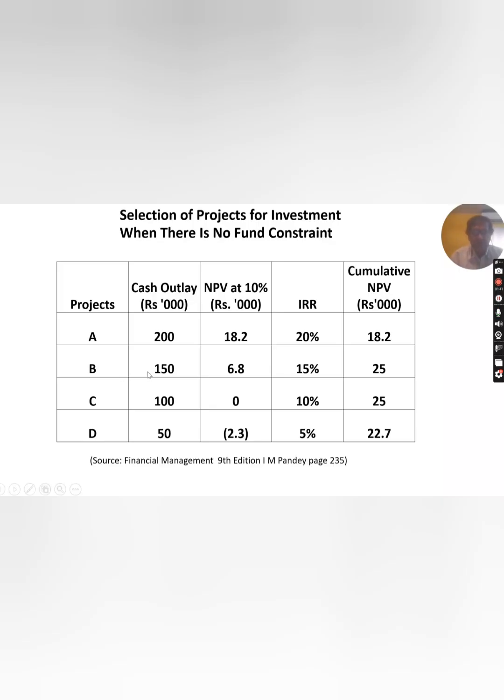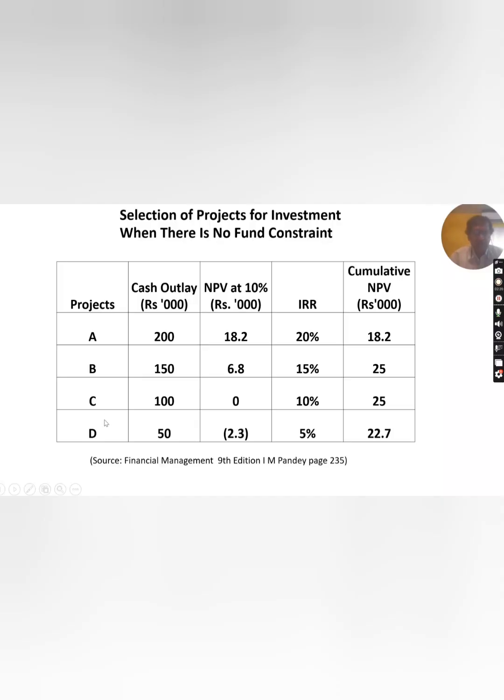For B project, the cash outflow or investment is this, and this is the NPV, IRR, and this is cumulative NPV. This plus this is the cumulative figure. And for C, the required investment is 100, NPV is 0, IRR 10%, and cumulative NPV has not been changed, as the NPV is 0.